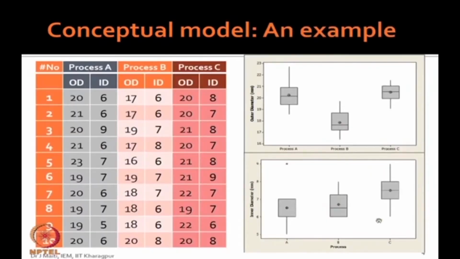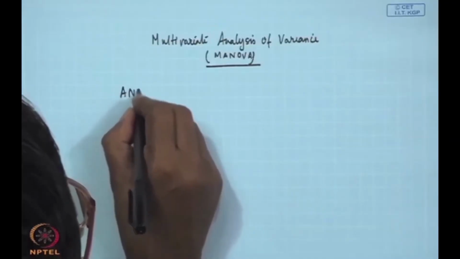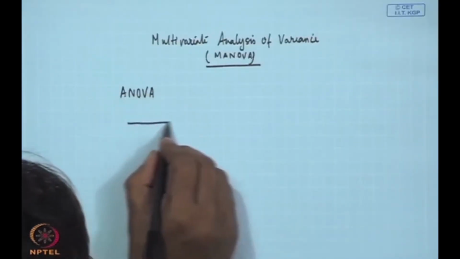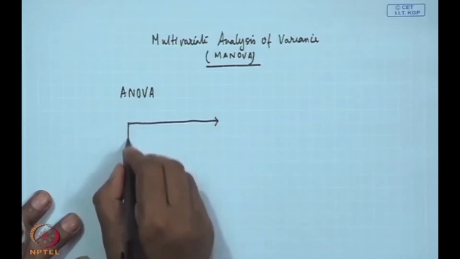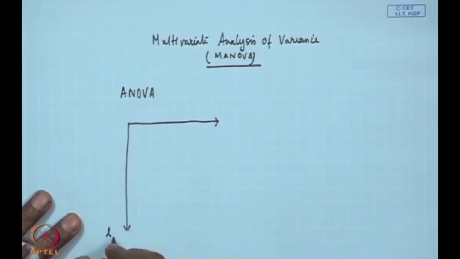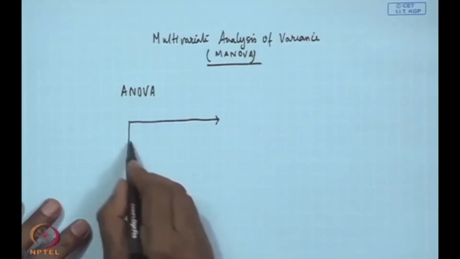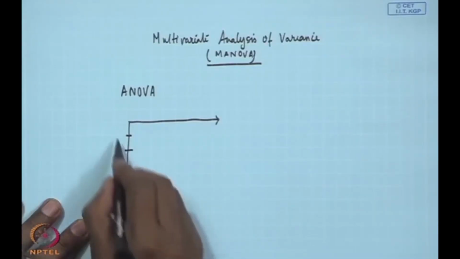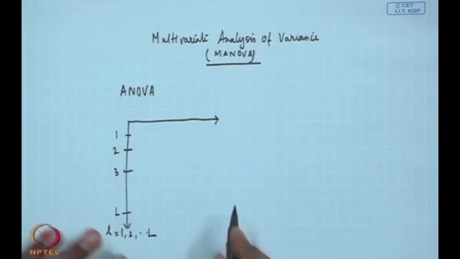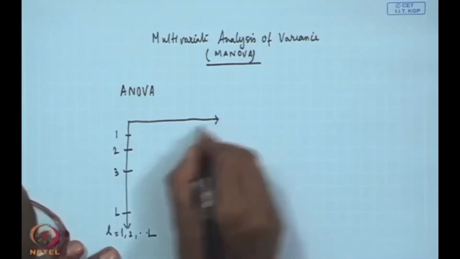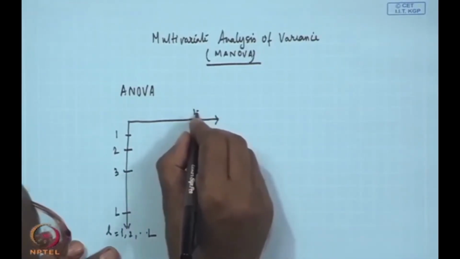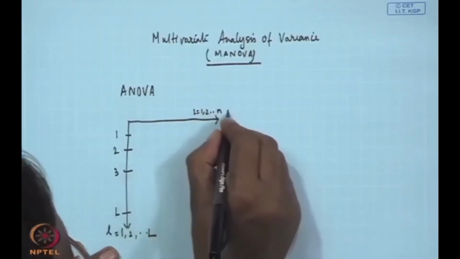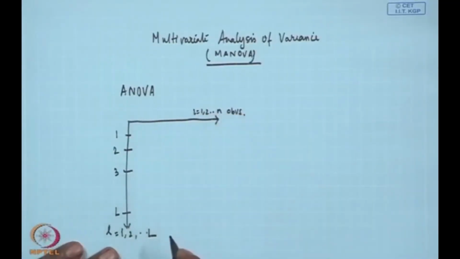So, essentially, when we go for ANOVA, you have L number of populations, where L can be 1 to capital L, that is 1, 2, 3, and you will collect n number of observations, i equal to 1 to n.